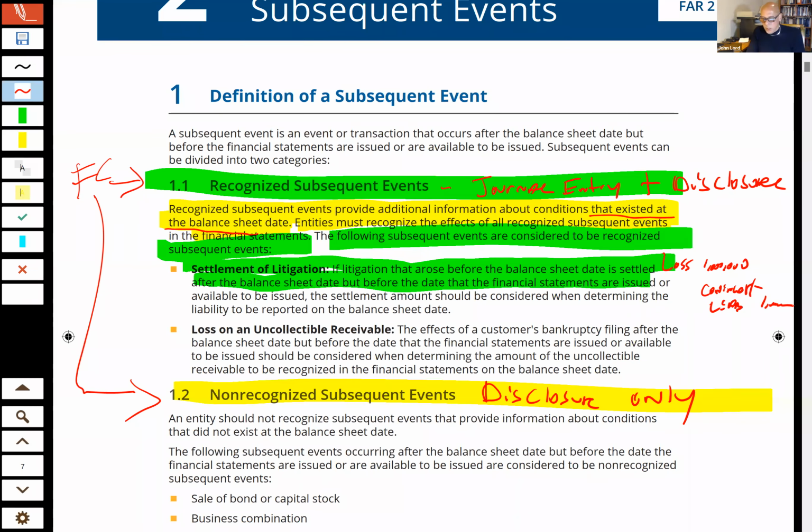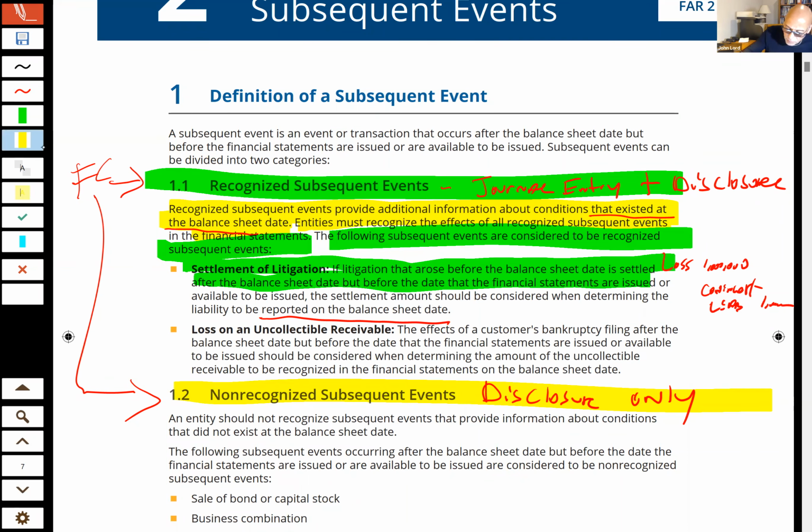I'm writing $1 million in there because that's what should have been, would have been booked had we known what the outcome of this situation was that existed at the balance sheet date. So we literally sit there and debit loss, credit contingent liability. Now, we report a liability and a loss on the balance sheet.